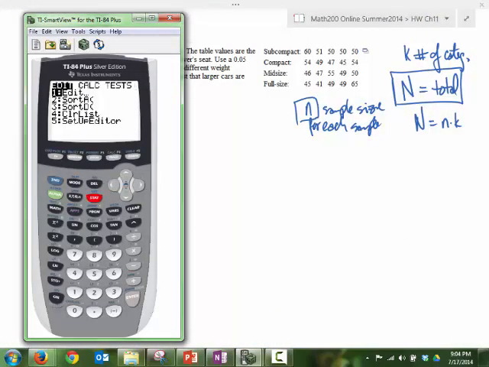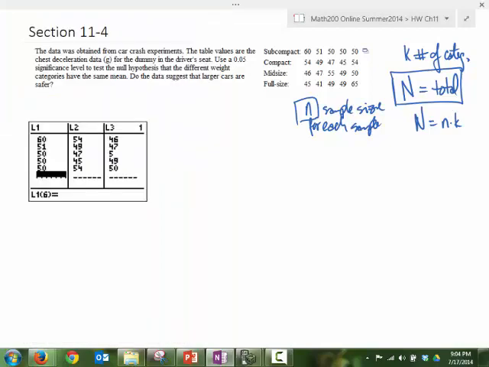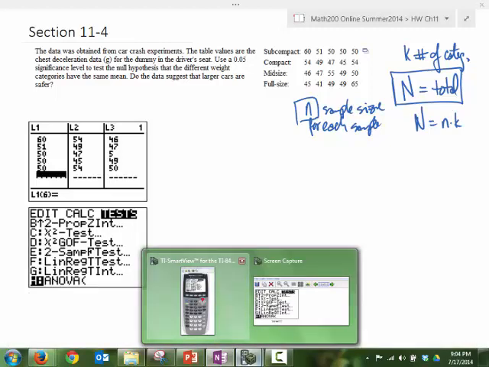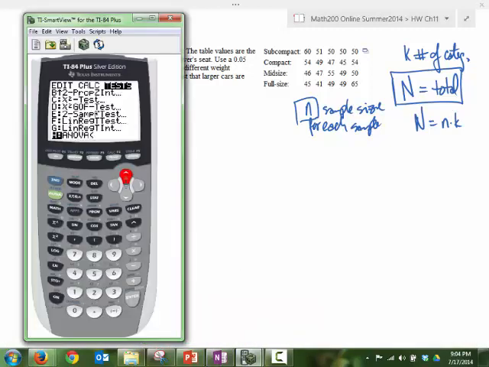Now let's go to stat, test, and if you just arrow down one time, you'll see ANOVA. So press enter.